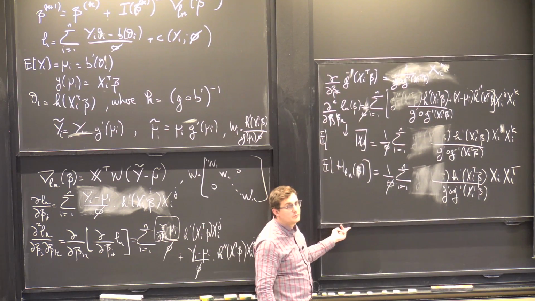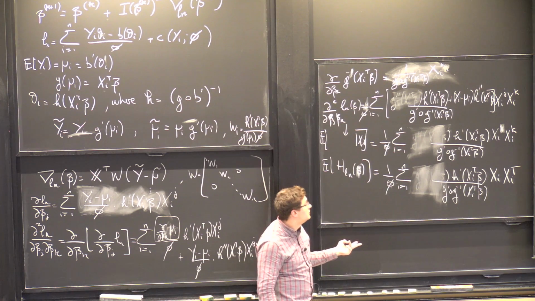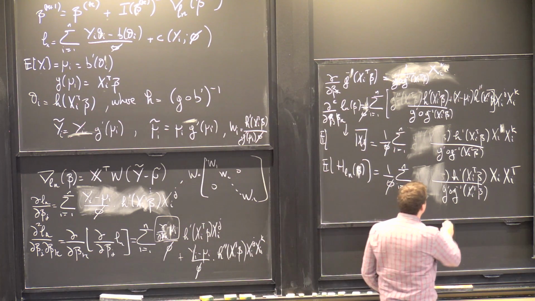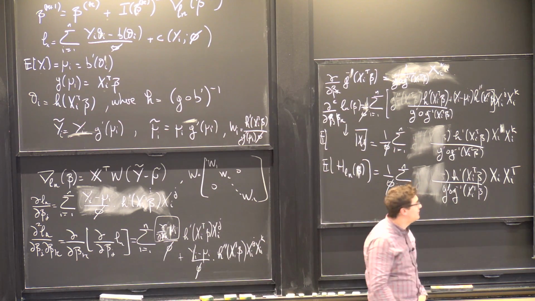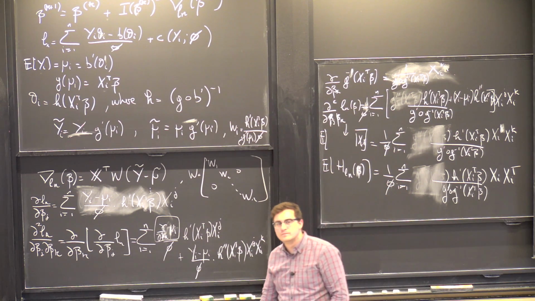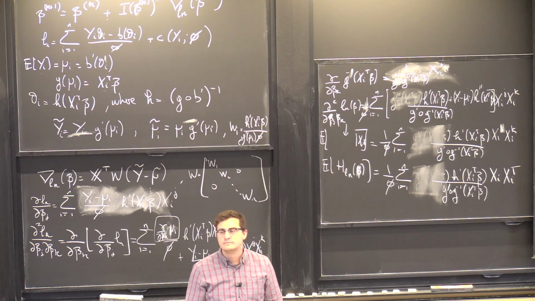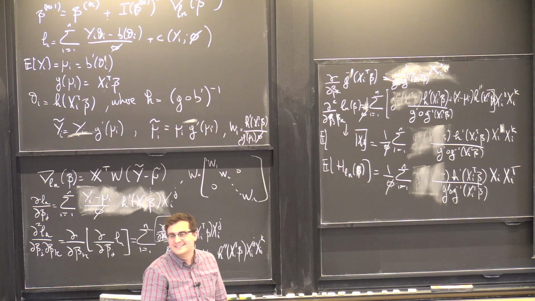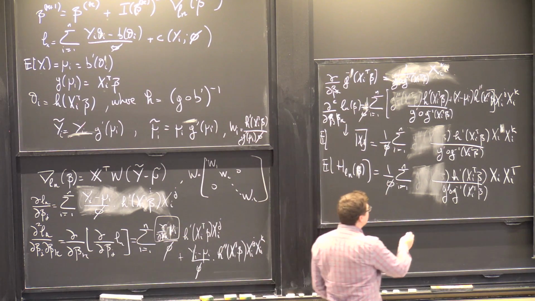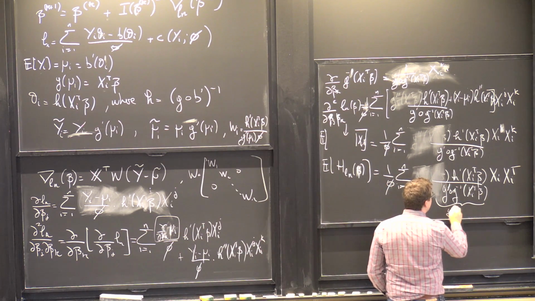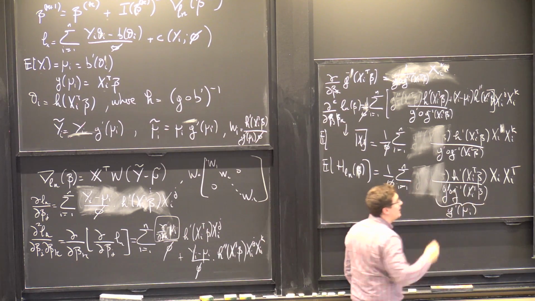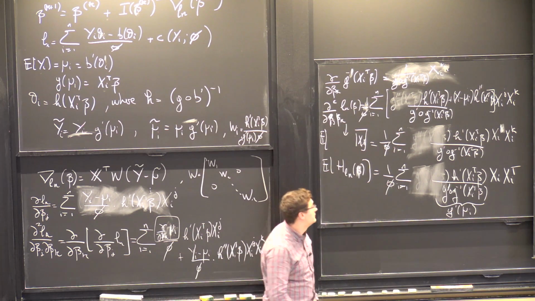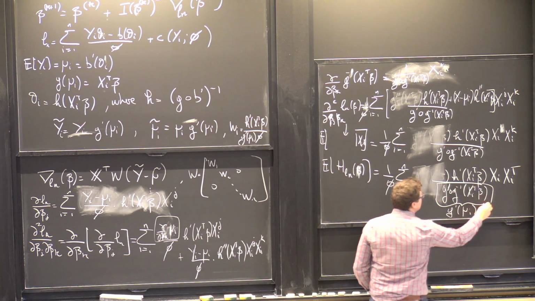Okay? Everybody approves? All right, but now it's actually much nicer. What is g inverse of x_i transpose beta? Well, that was exactly the mistake that I just made, right? It's mu_i itself. So this guy is really g prime of mu_i.